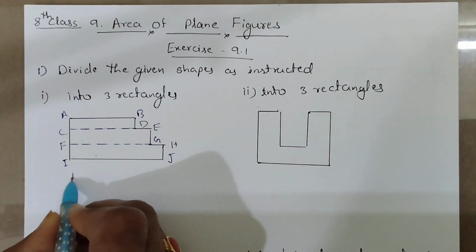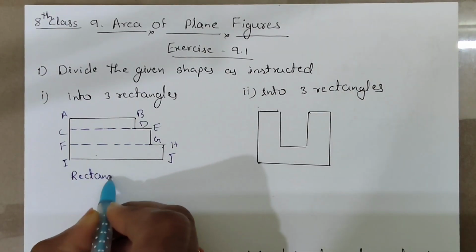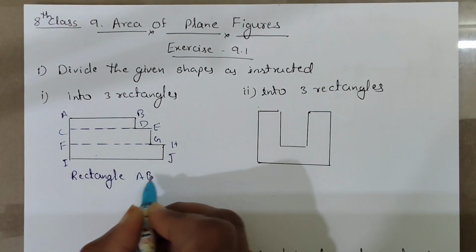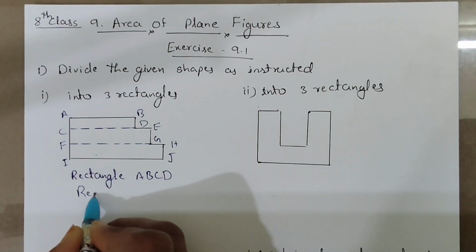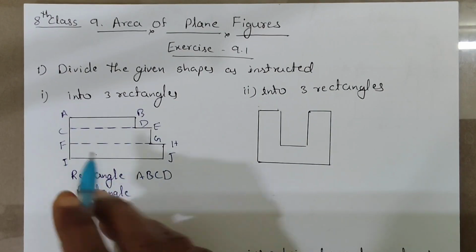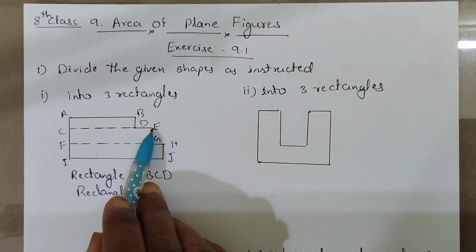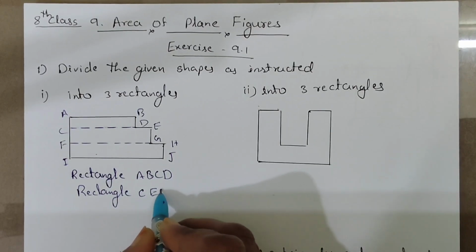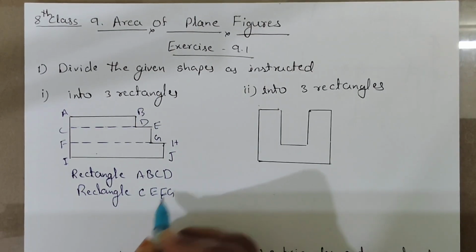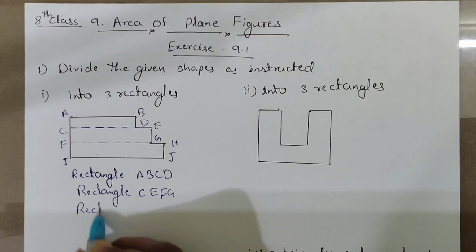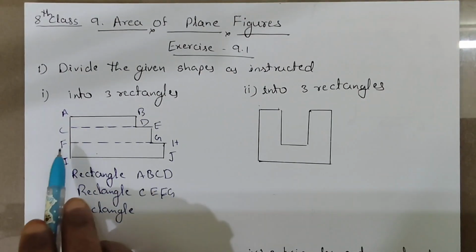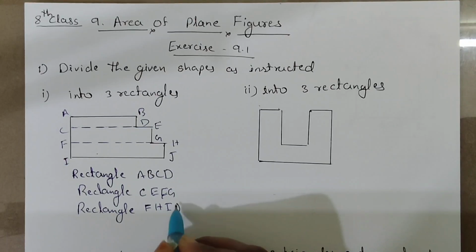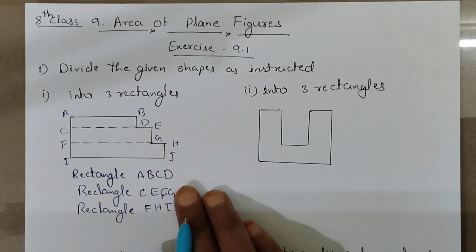Here rectangle A, B, C, D. Next rectangle C, E, F, G. Next rectangle F, H, I, J. So these are the 3 rectangles.